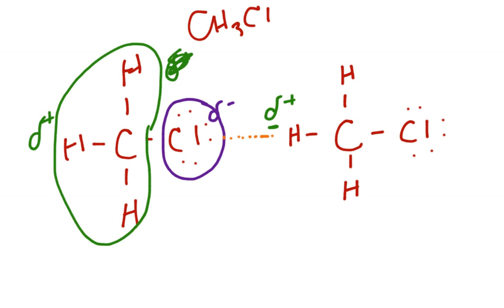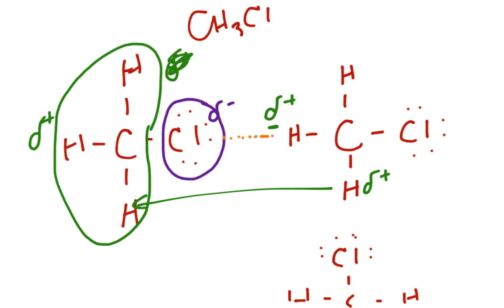Alright, and so we could also see another Cl down here going to carbon with my hydrogen. My other hydrogen's down here off the page, but you would see again here, because this is one of my delta pluses, right? All of my hydrogens are delta pluses. This is my delta minus. You would see that attraction here as well.